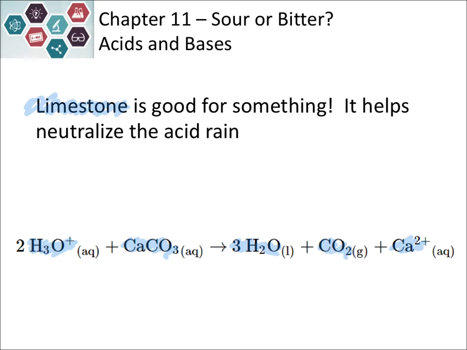However, if we think back to the reactions we just saw, we're making CO2 and water. Those two are going to combine to make carbonic acid, which is going to lower our pH again, so not overly helpful. And we also make calcium, which is what makes our hard water. So we get some neutralization, but the byproducts of that are not necessarily helpful either.